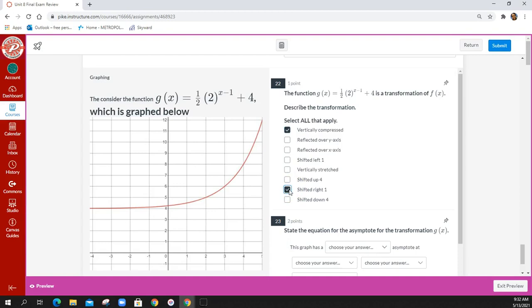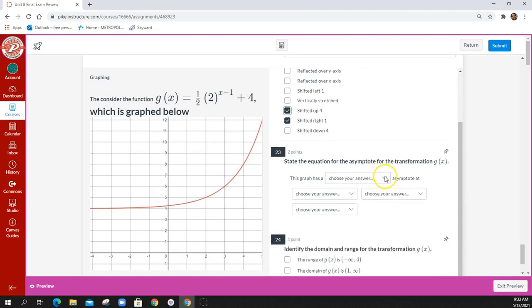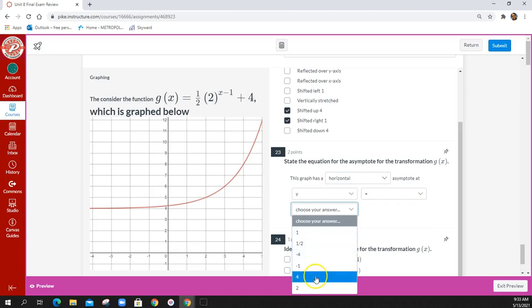Your K value is +4, which is going to shift it up 4. All exponential functions have a horizontal asymptote, and it's going to occur at y equals k. And in this example, k is 4.